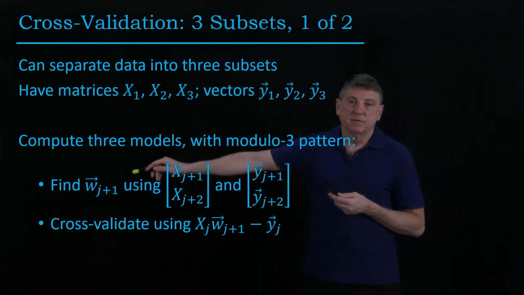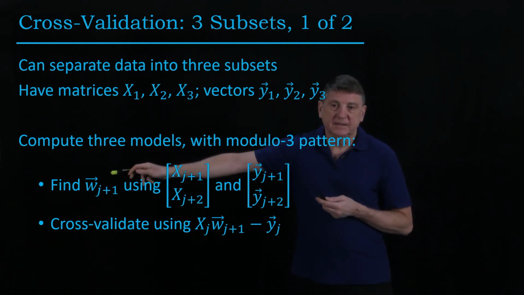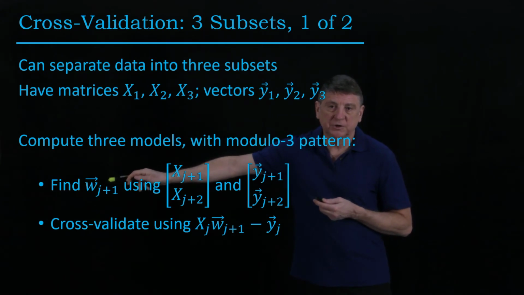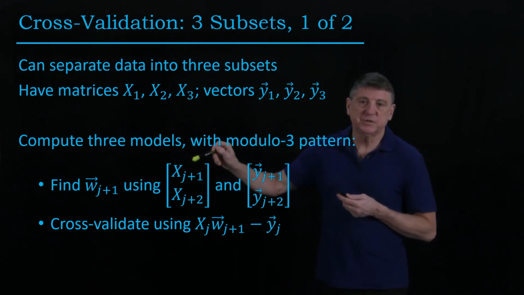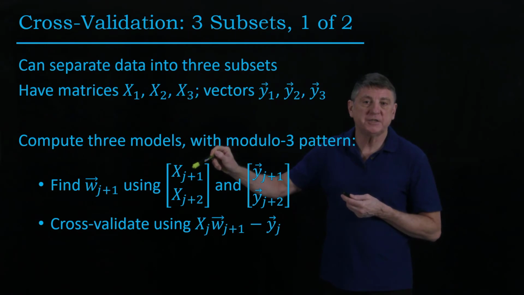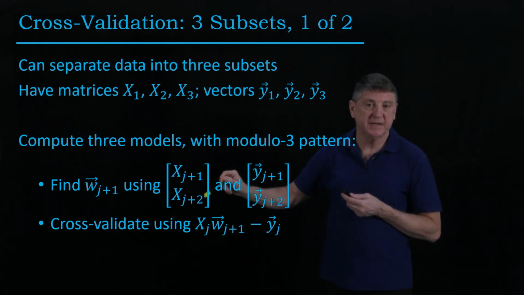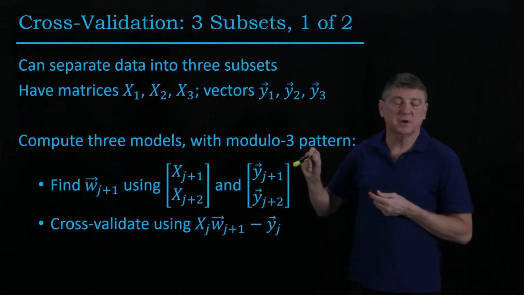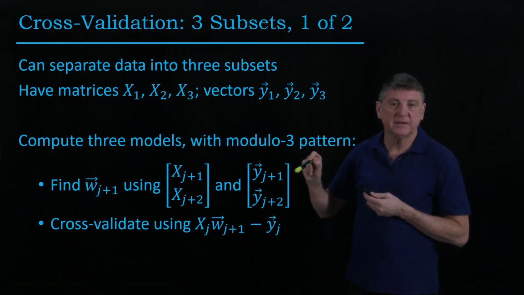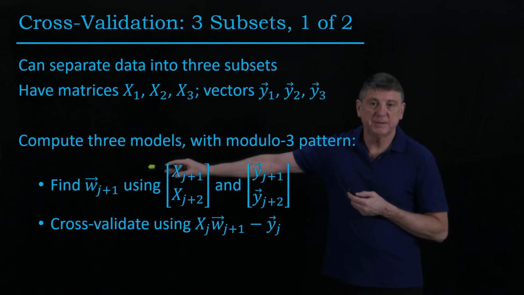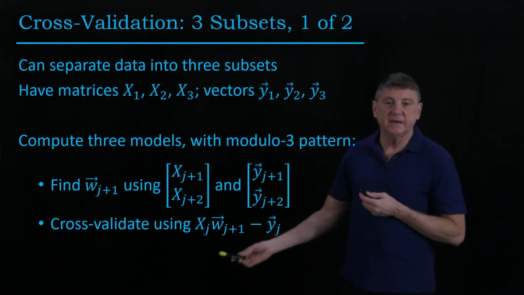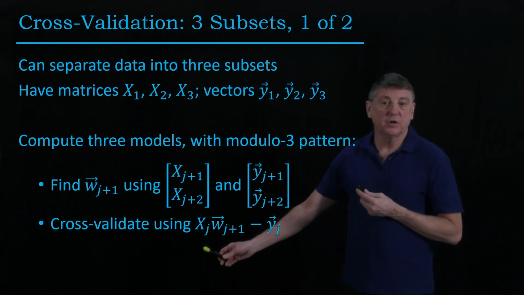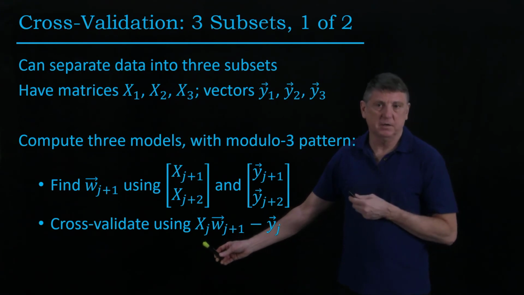So we'll represent the model j plus 1 as using, we'll combine the j plus 1 and j plus 2 data. And likewise on the dependent vectors, we'll combine j plus 1 and j plus 2, and that will give us model j plus 1. We can then cross-validate on j, which is the missing part.